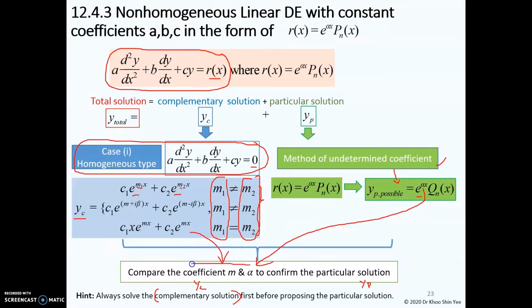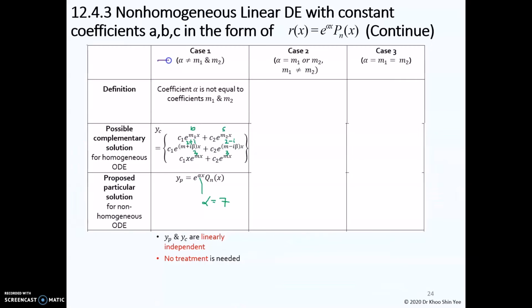The coefficient m and coefficient alpha must be compared in order to confirm whether this particular solution is good or not good. If the coefficient alpha is not equal to the root m1 and m2, for example, the alpha is equal to 7 in the particular solution, and when you compare to the complementary solution, it is different from m1 and m2.